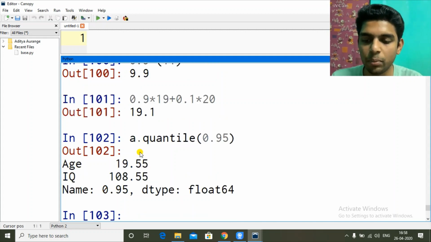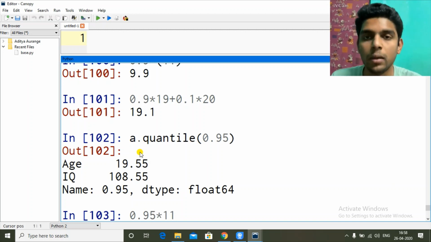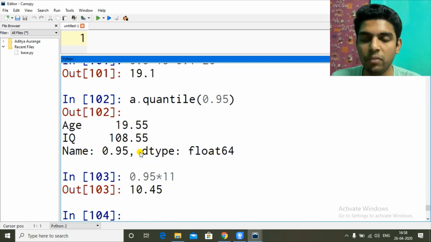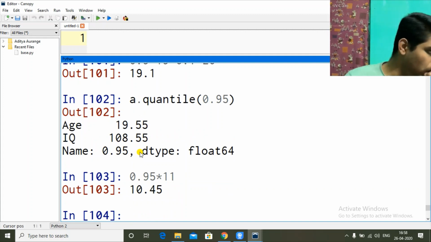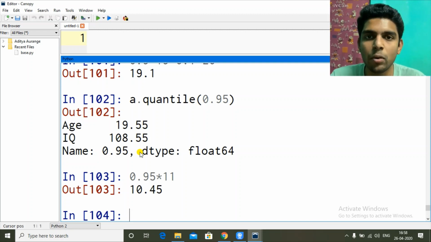So it is 19.55. Okay, if I do this, then it is the 9 quantile value times this, so 10.45. So 10.45 is the 10th element and between the 10th and 11th element, but I only have 10 elements, so it fails.